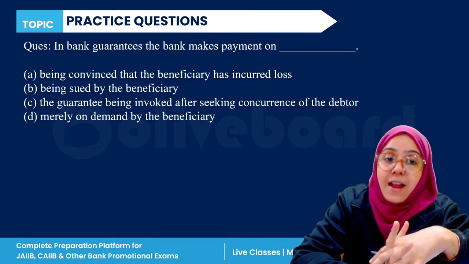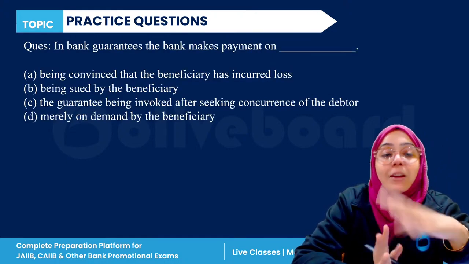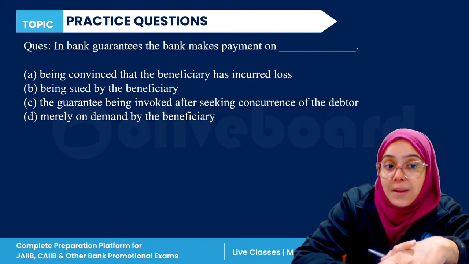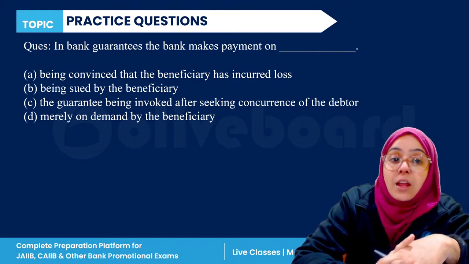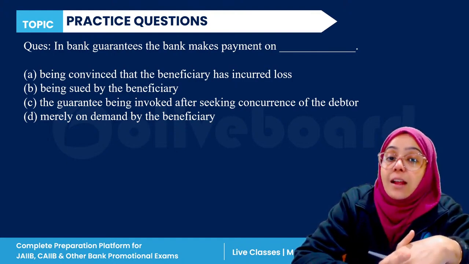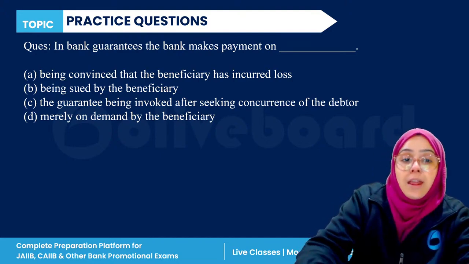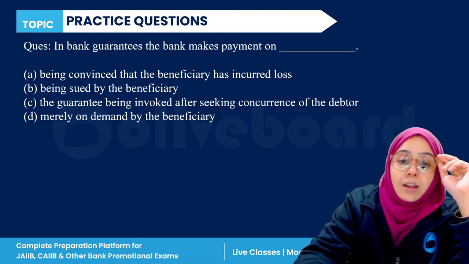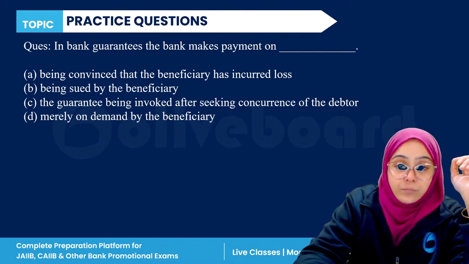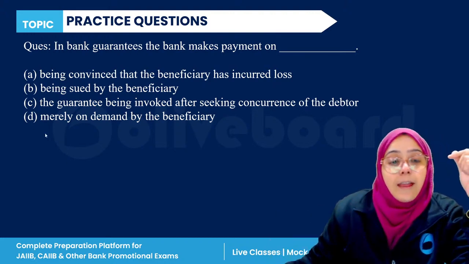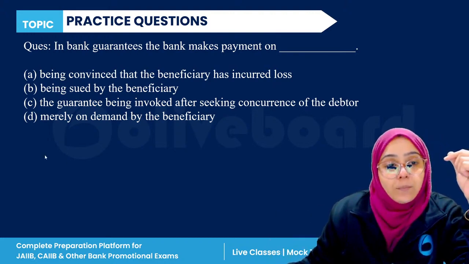In a bank guarantee, the bank makes payments on being convinced that the beneficiary has incurred loss, or on being sued by the beneficiary, or the guarantee being invoked after seeing the concurrence of the debtor, or merely on the demand of the beneficiary. In a bank guarantee, which of the following is the correct statement? Everyone, please answer this question.